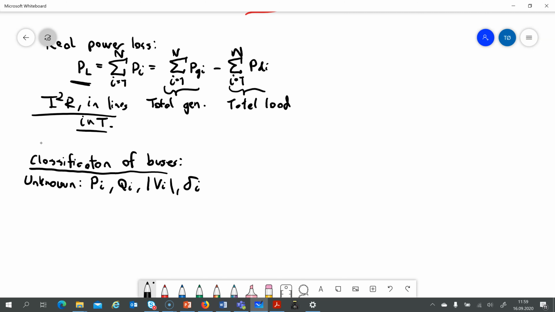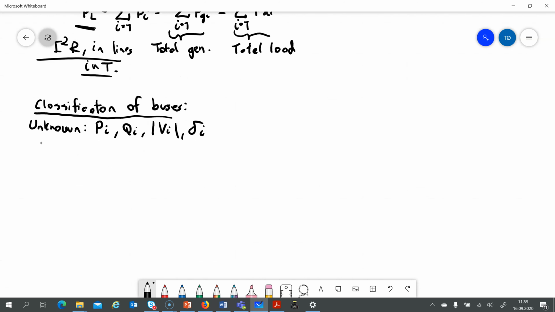So P, Q, voltage level, and voltage angle are the typical variables you want to find in each iteration when you solve it. And we have 2 equations, and here we have 4 unknowns. So typically at every bus we have to specify 2 of them.